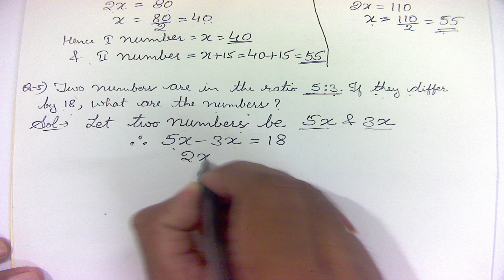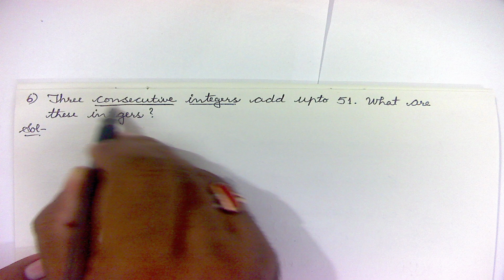Question 6 says that three consecutive integers add up to 51. What are these integers? There are three consecutive integers. Now what do you mean by consecutive? You know what integers are, but what do you mean by consecutive?